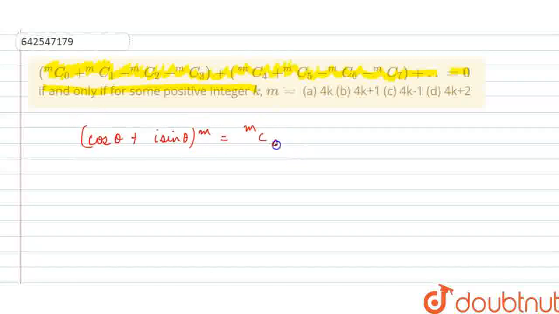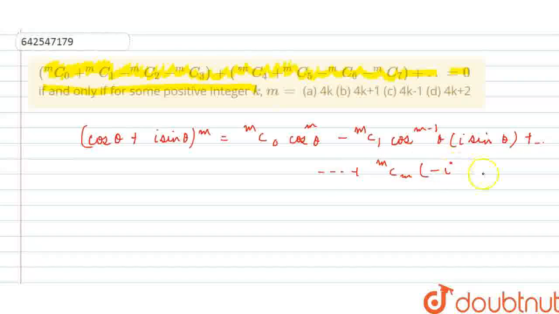The expansion would be mC0 cos^m theta minus mC1 cos^(m-1) theta into iota sine theta, and this series goes up to mCm (minus iota sine theta) to the power m. Let it be equation number 1.